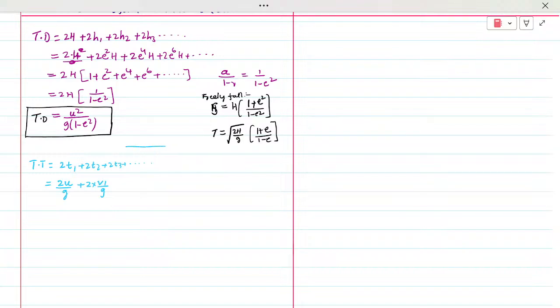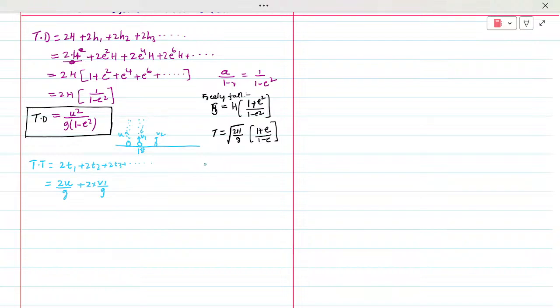I will draw the diagram here. First it is going up and coming down. After the first collision, it goes up with velocity v1 instead of u. Again it goes up to maximum height, comes down, and after the second collision the velocity changes to v2.